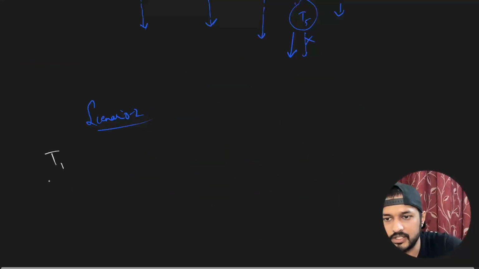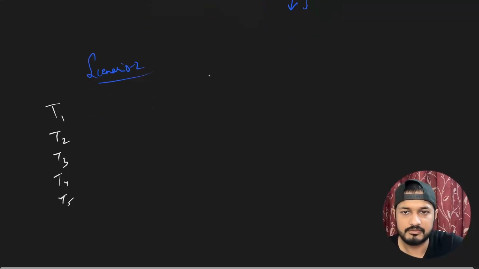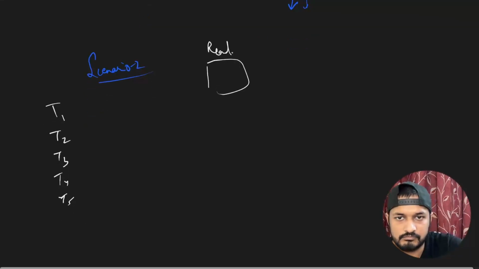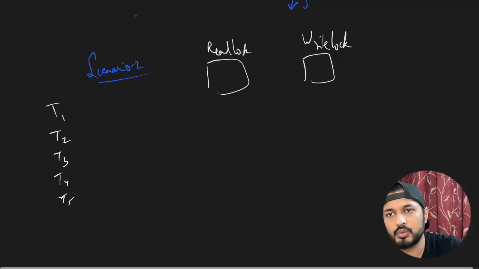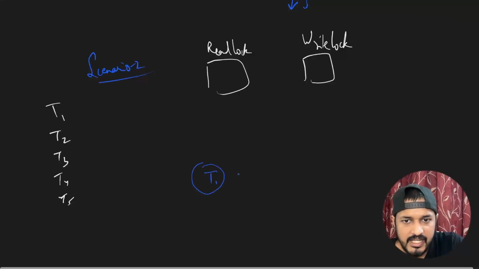In scenario 2 as well, suppose we have 5 threads, a ReadLock and a WriteLock. Now what happens? Suppose T1 comes first and tries to acquire the WriteLock.